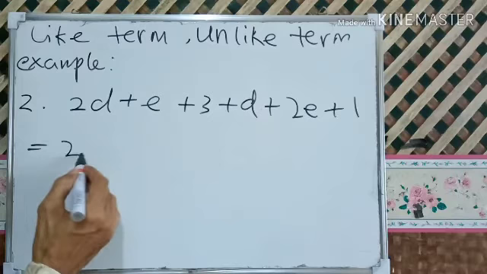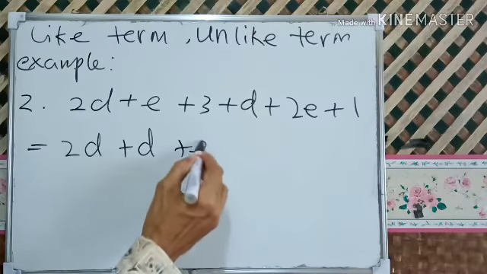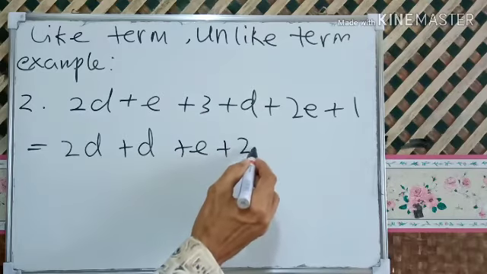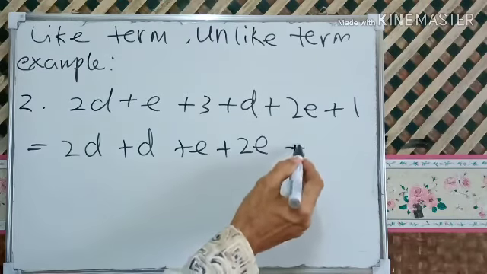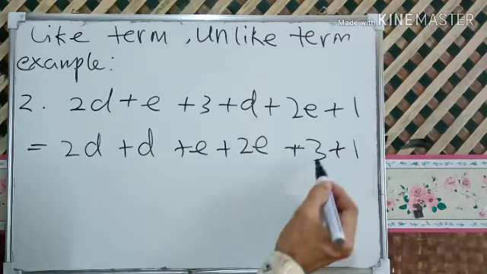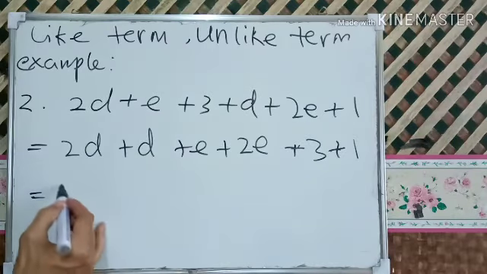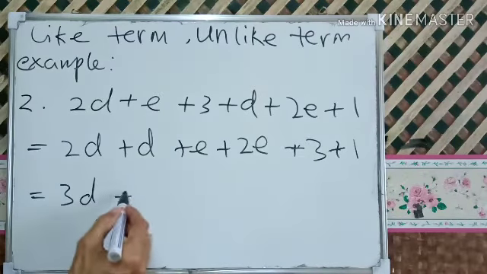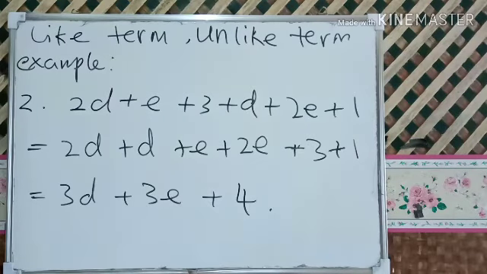So 2d with d, e with another e, and constant with constant: 3d plus 3e plus 4.